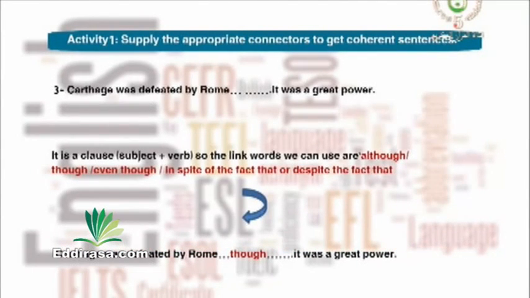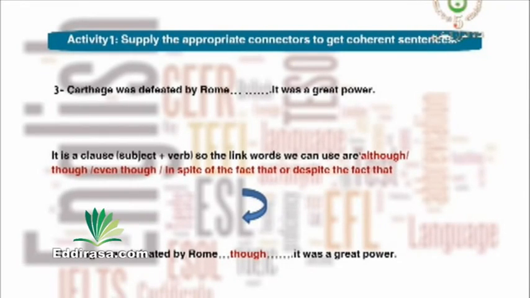The third and last sentence. Carthage was defeated by Rome, blank, it was a great power. What is the blank followed by? Yes, it is also followed by a clause, that is a subject and a verb. So the link words we can use in the blank are although, though, even though, in spite of the fact that, or despite the fact that.